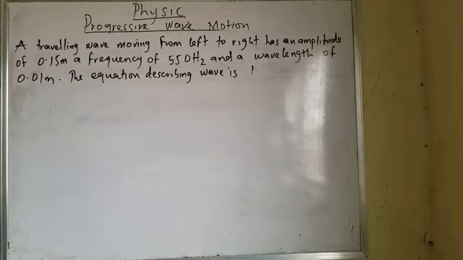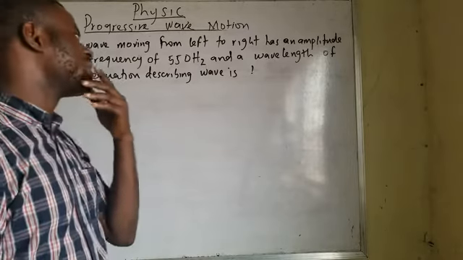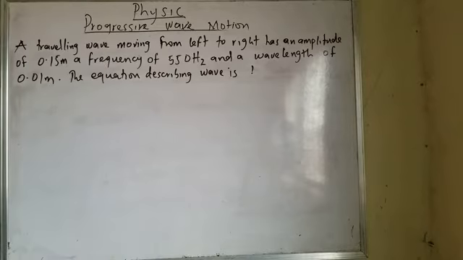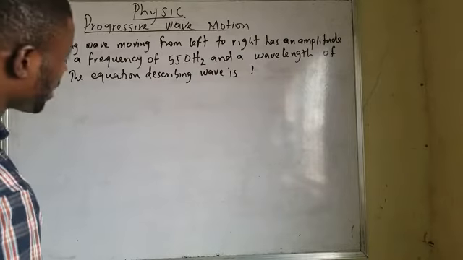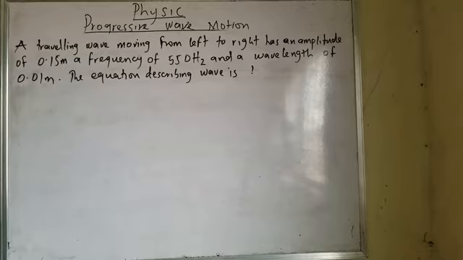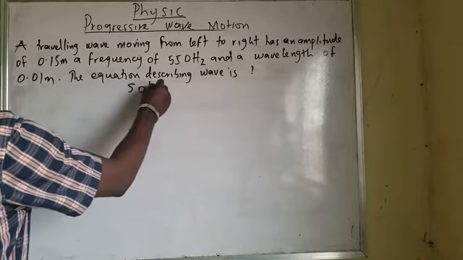A traveling wave moving from left to right has an amplitude of 0.15 meter, a frequency of 550 Hz, and a wavelength of 0.01 meter. The equation described wave is the equation you are trying to work on.